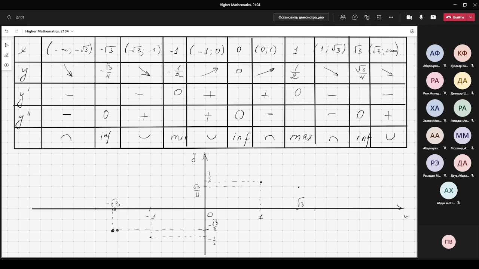Then here the curve is convex, okay, minimum, then concave, convex, maximum, concave, convex.